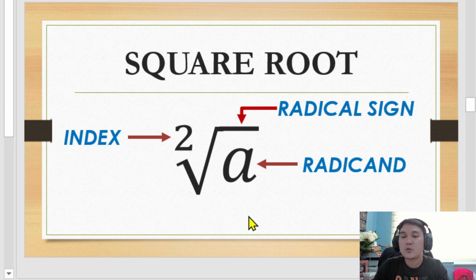So how does a square root look like? This is how a square root looks like. We have here the radical sign, and 2 is our index, A is our radicand.